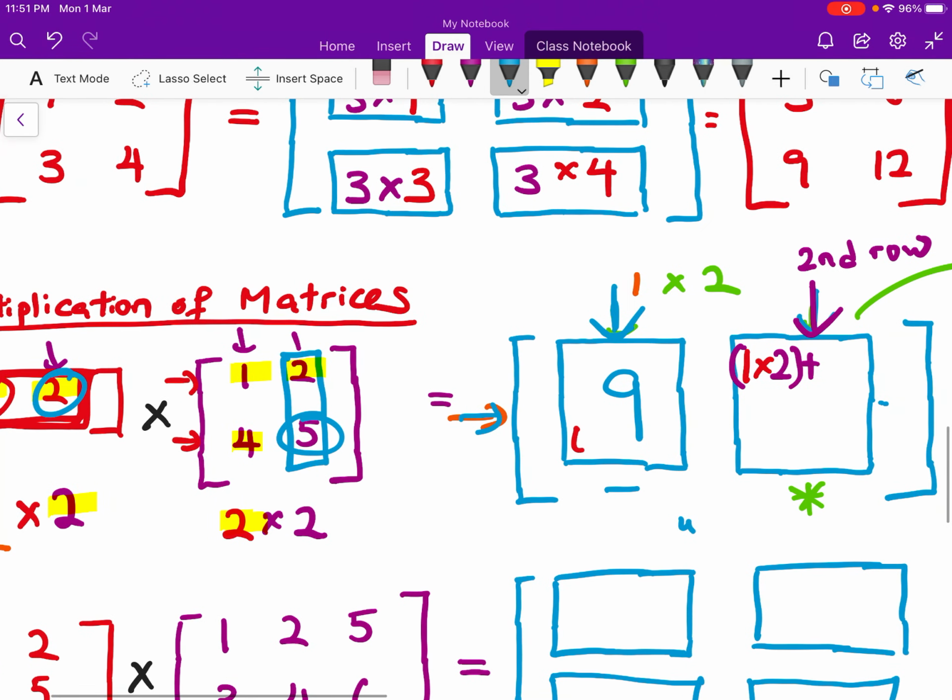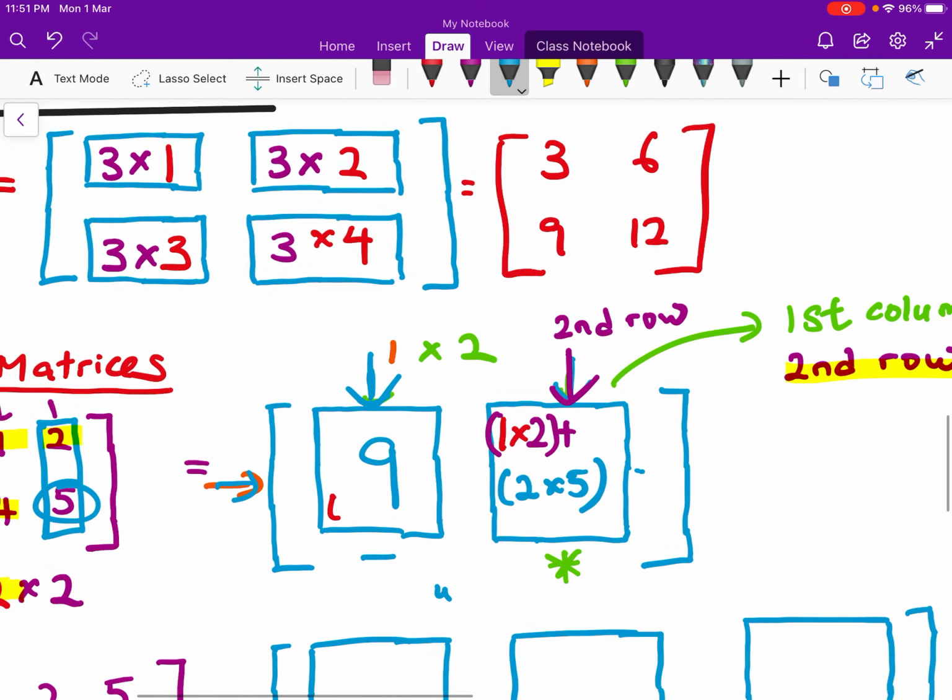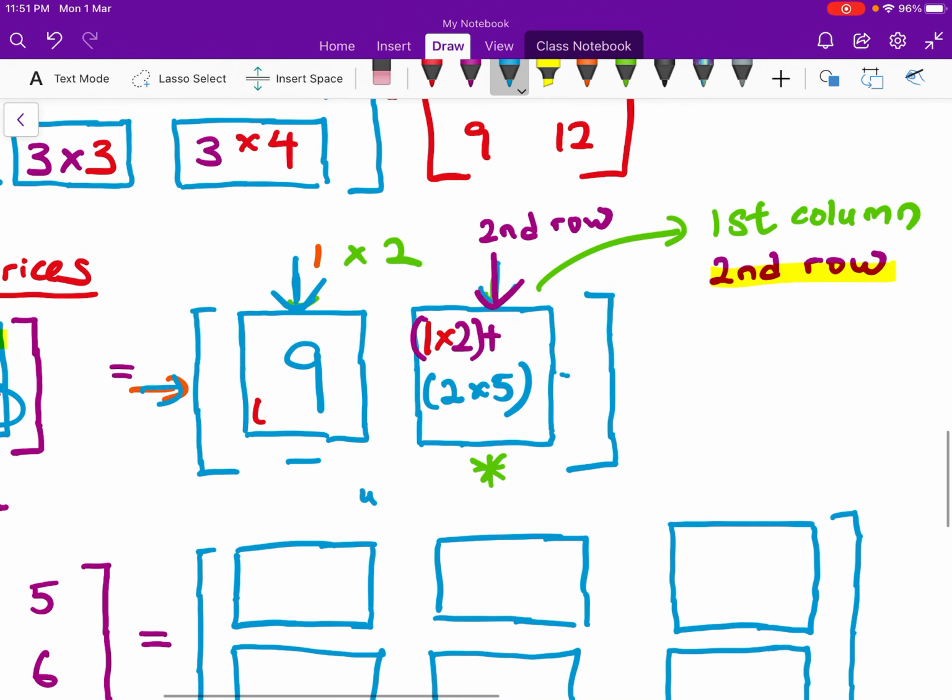So 1 times 2 plus 2 times 5. Now we can simplify further, which is equal to: just now is 9, then this is 2, 12. So 2, 9 and 12.